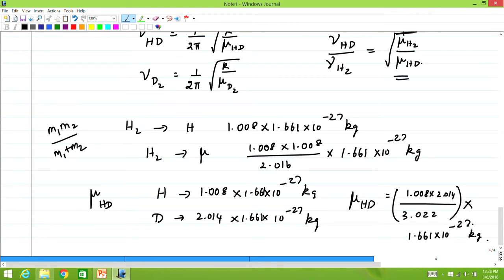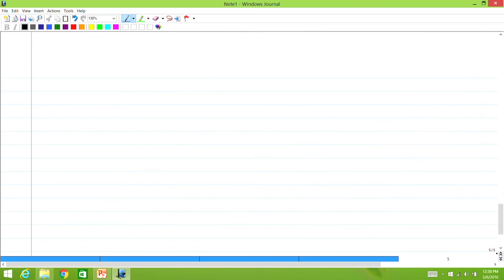So, you can see that the mu of HD is slightly more than the mu of H2, and therefore the square root of this number tells you that the nu of HD is a little less than the nu of H2. Now, it is the same thing that you have to do for D2.